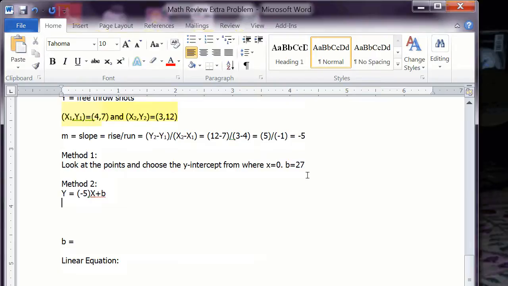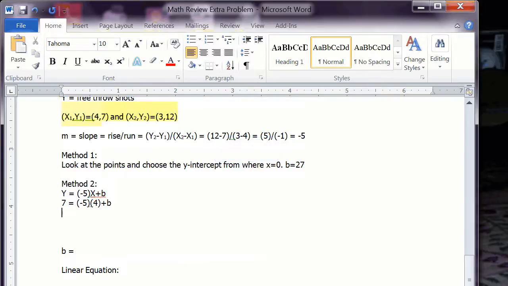Now, in the equation itself, y and x represent all the different y's and all the different x's. To find our specific b, we're going to pick our specific point. I could have picked any of the points, it'll still give us the same answer. So our y in that situation is 7, and we're going to say negative 5 times our x, and our x in this case is 4.